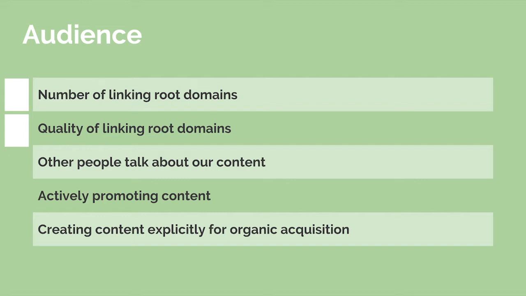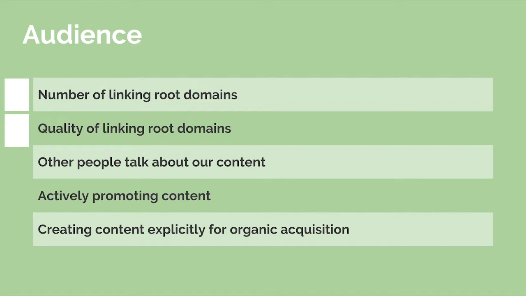The reason we're calling them linking root domains, however, is that I don't want us to look at individual links from, let's say, youtube.com. I just want to see that youtube.com has linked to us. So if there was a BuzzFeed article about Skillshare, I don't necessarily care if there have been multiple BuzzFeed articles about Skillshare that have then linked to our website.